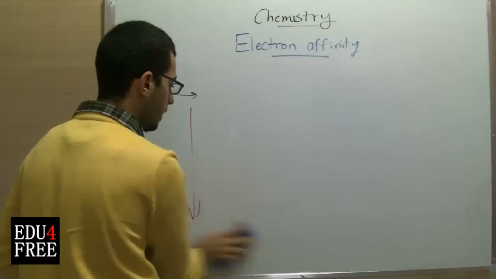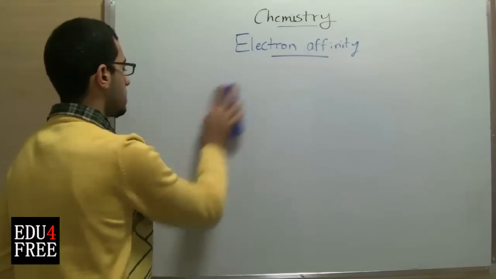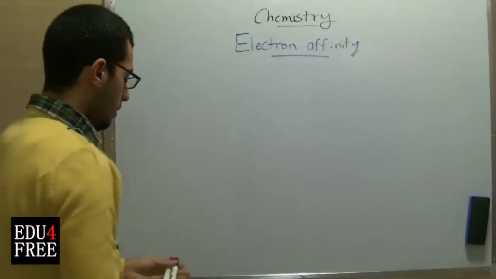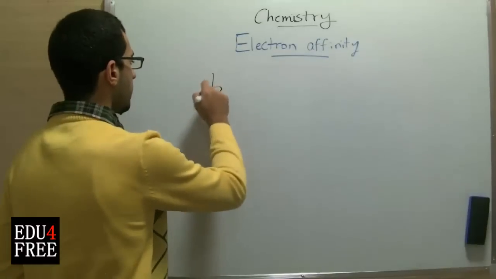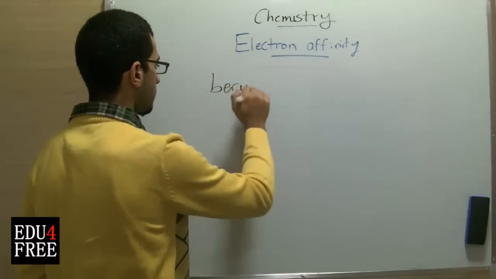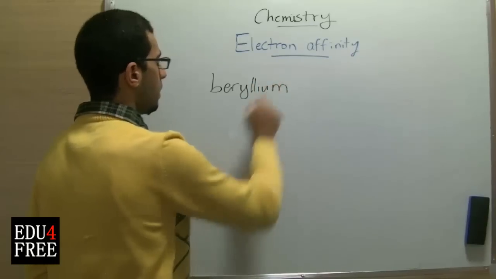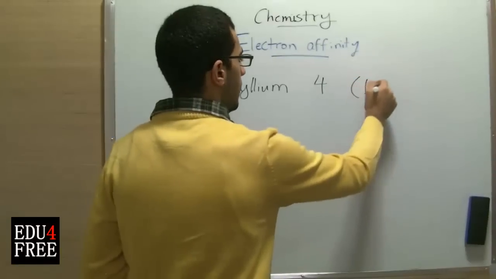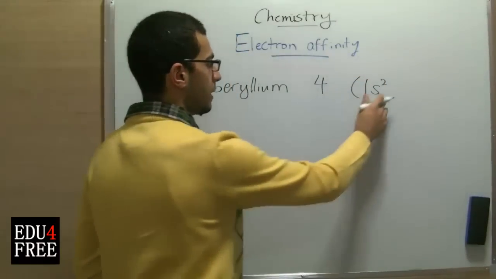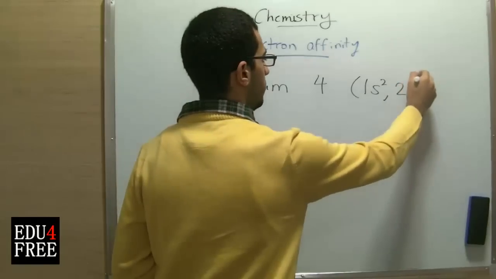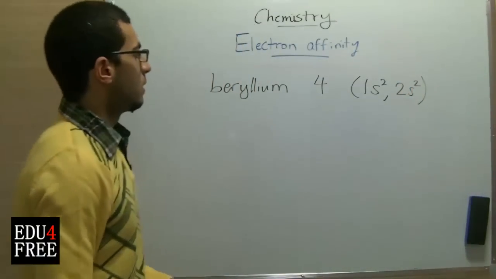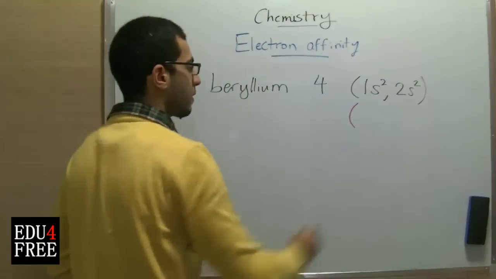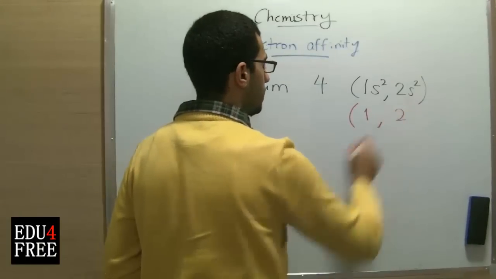We have to know also that electron affinity is related to the stability of the atom. For example, beryllium has 4 electrons. So we have the 1s sublevel completely filled and the 2s sublevel completely filled. The main energy levels here are the first and the second energy level.